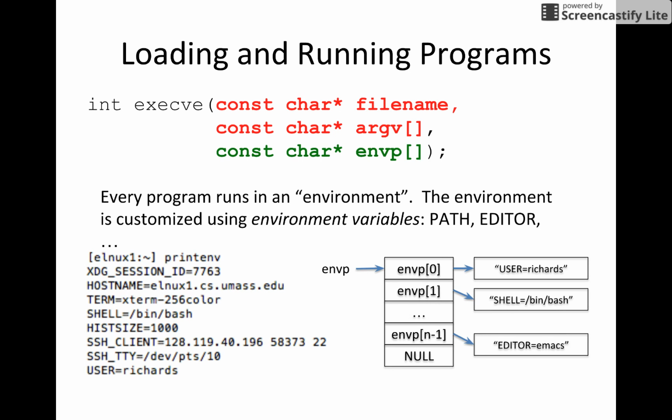In a typical Unix environment, you can print out the environment variables using printenv, and that will print out all these key value pairs for the environment variables. As you can see on the right, there is a data structure, which is essentially a hash table, which maps or indexes to these key value pairs.